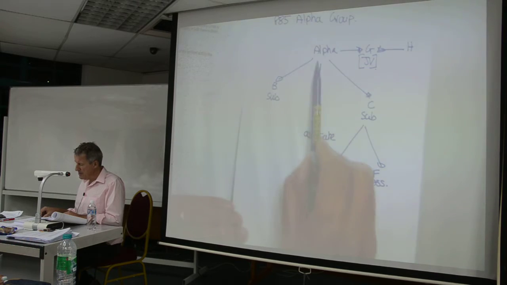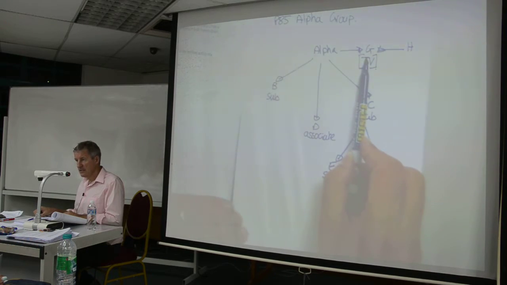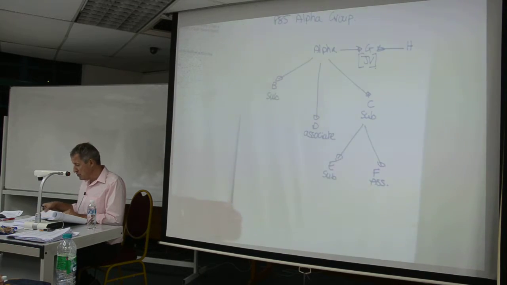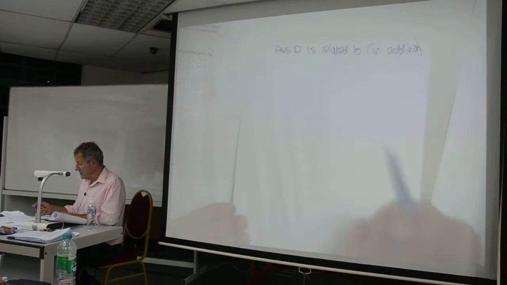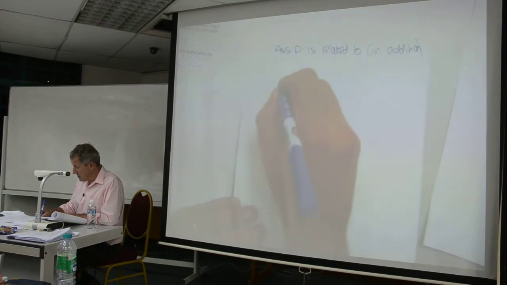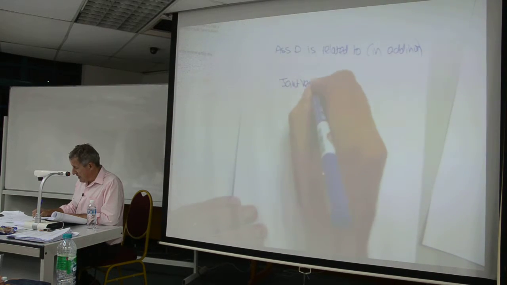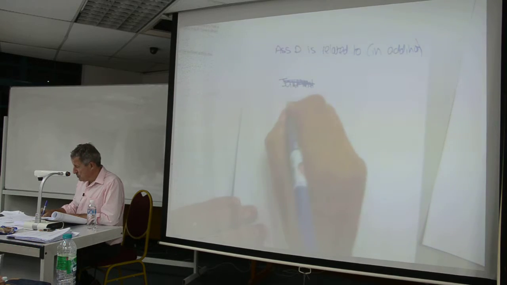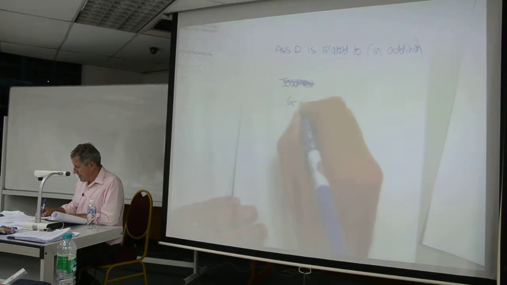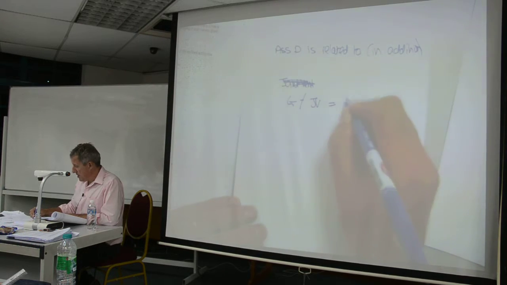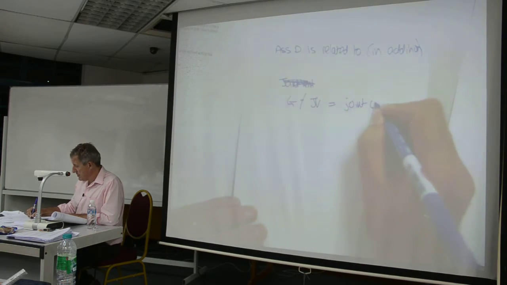Would D be related to G? Yes, because you've got that control going on there. So G, which is the joint venture company, is related to D, the associate, because there is joint control.